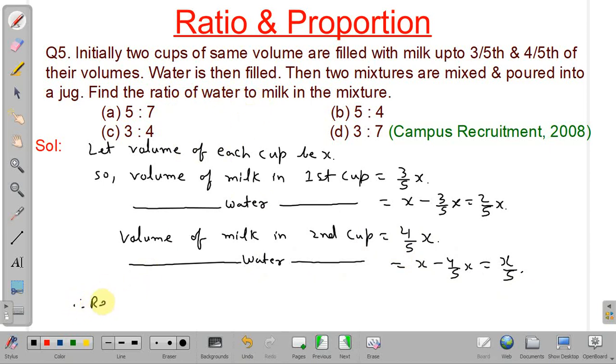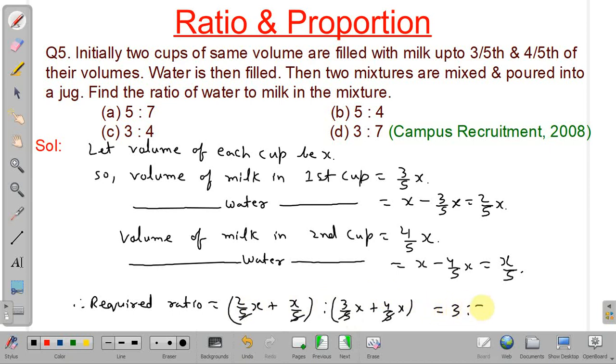Therefore the required ratio will be equal to the sum of the volume of water, so from the first cup it will be 2/5 x, and from the second cup it will be x by 5, to the volume of milk, which will be 3/5 x plus 4/5 x. Okay, 5 will get cancelled and x will also get eliminated, so it will be 3/7. So our answer will be option number D.